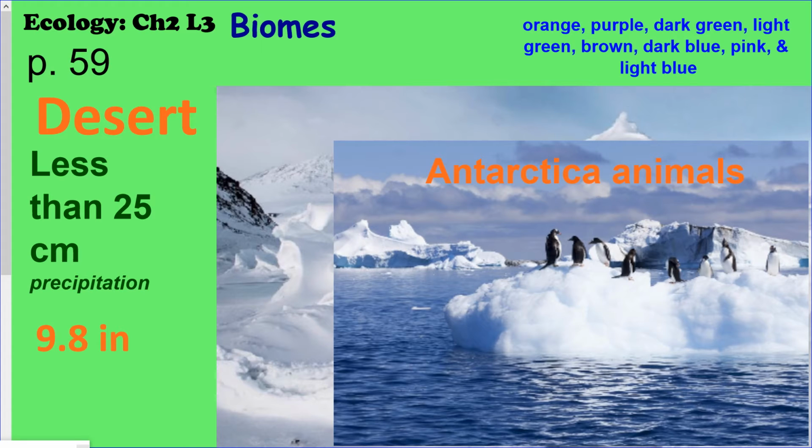So it barely gets any kind of snow, rain, sleet, or hail throughout the entire year, gets less than 10 inches, and therefore it has to be classified as a desert. Notice we're not talking about the temperature, right? We're only classifying it because of its precipitation.